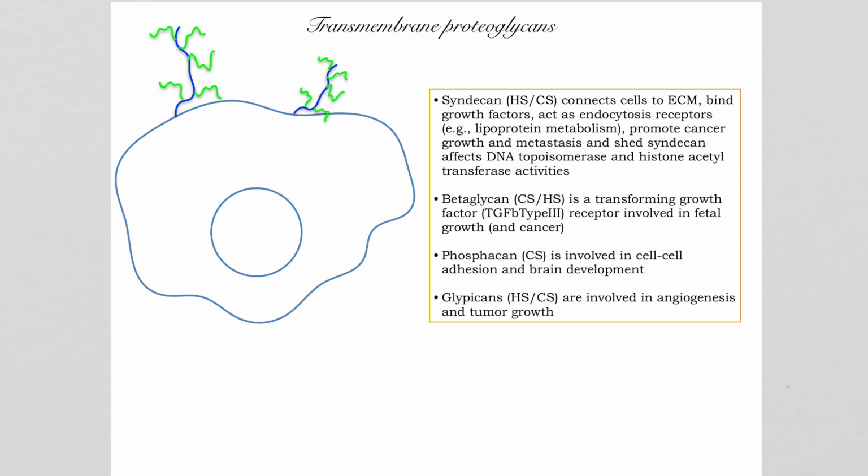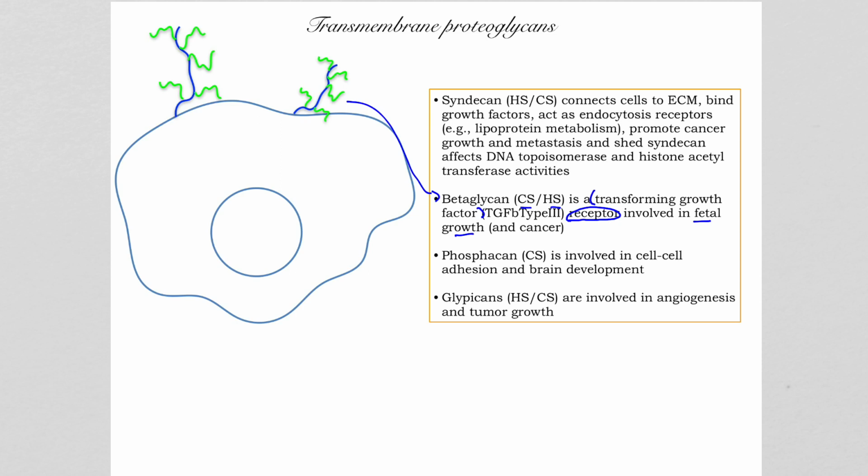Another transmembrane proteoglycan is betaglycan, which is rich in chondroitin sulfate and heparan sulfate. This is actually a receptor for a signal called TGF-beta, transforming growth factor. It's a growth factor, and betaglycan is a receptor for it. And so this signaling is very important for development and fetal growth.